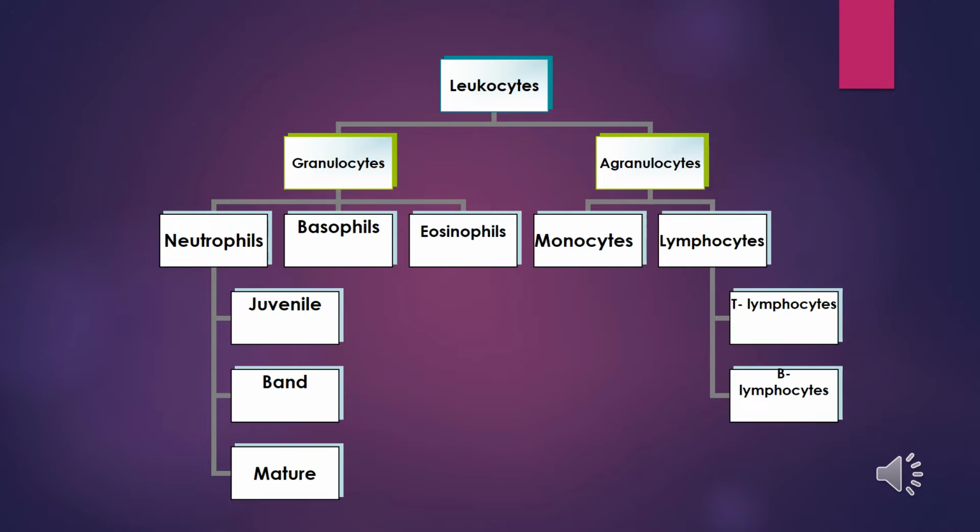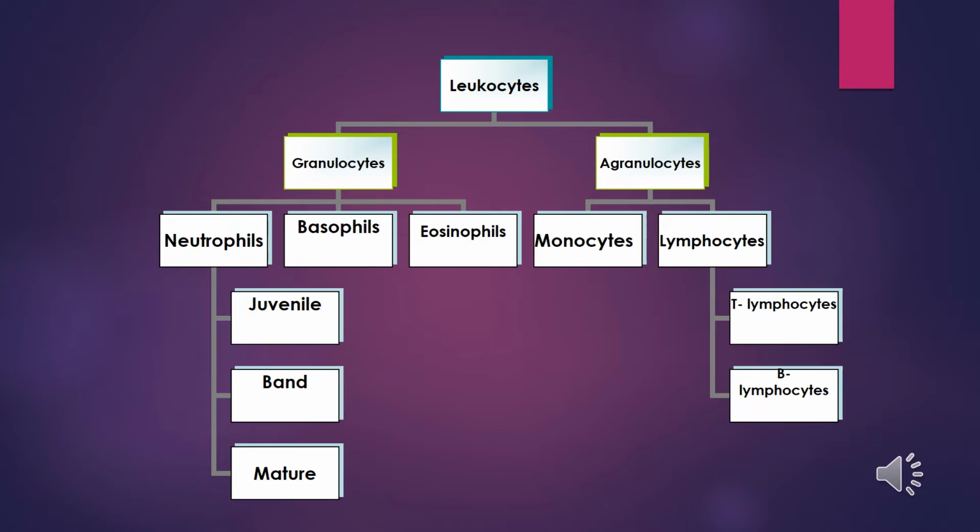Granulocytes are divided into three main groups according to color, or staining. After using special blood staining, Romanovsky-Giemsa, here are represented three types according to the color of specific granules: neutrophils, basophils, and eosinophils.